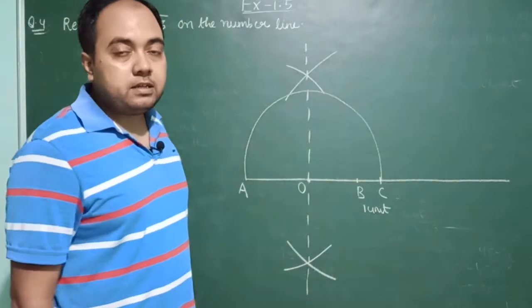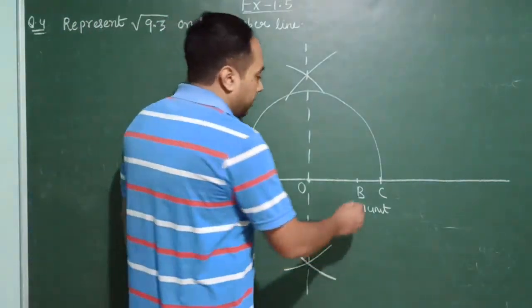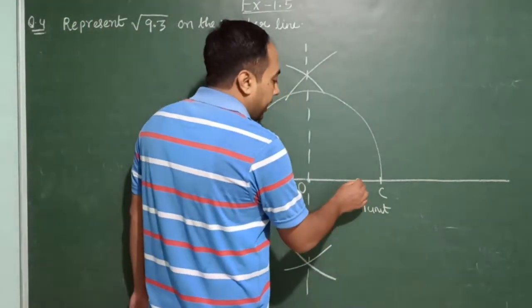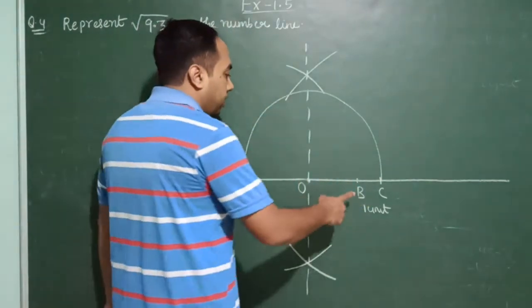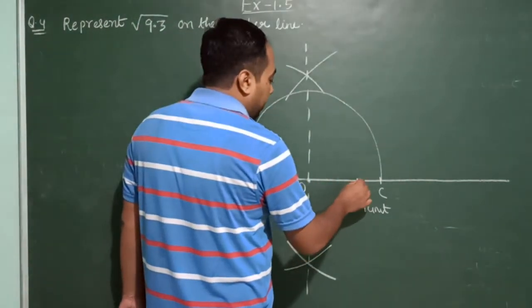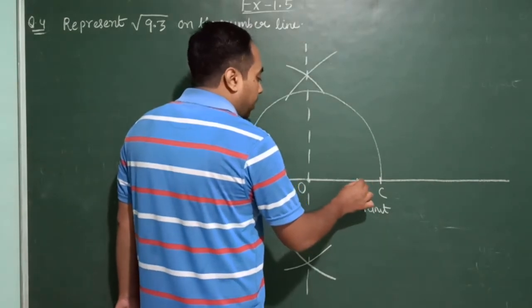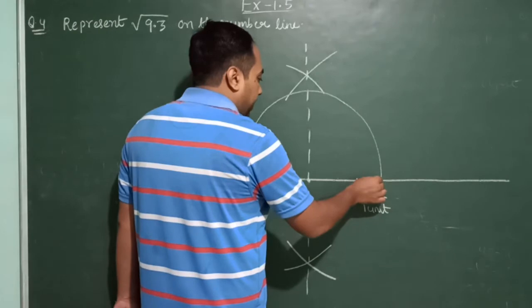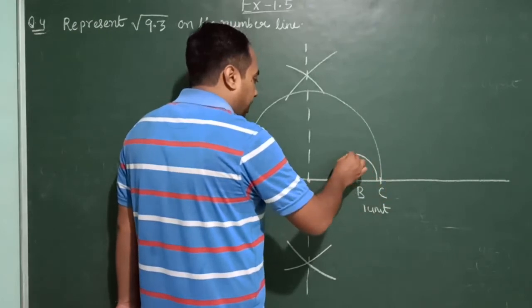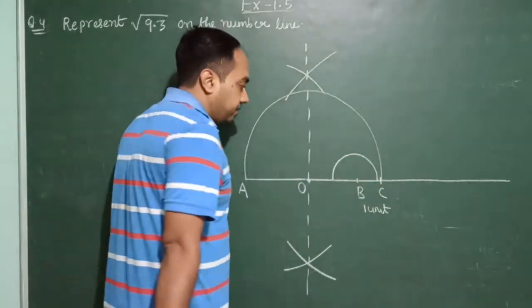Once we have drawn the semicircle, the next thing is we will draw a perpendicular at point B using compass. For drawing perpendicular at point B, we'll place the needle of the compass at point B and take a small radius and cut an arc over here like this.